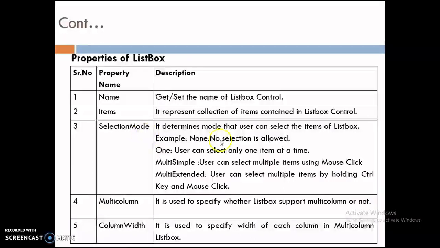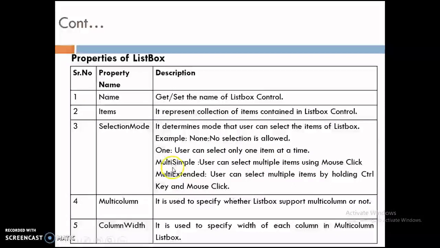It has 4 values. If user selects None, then no selection is allowed. If user selects One as the selection mode, then user can select only one item at a time. Then MultiSimple and MultiExtended. If user selects MultiSimple or MultiExtended, then user can select multiple items from the list box.